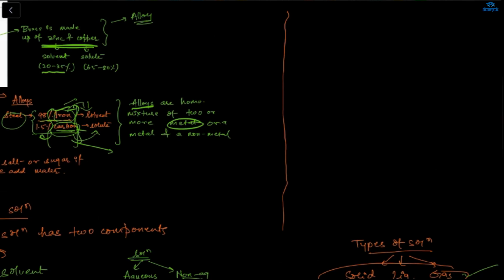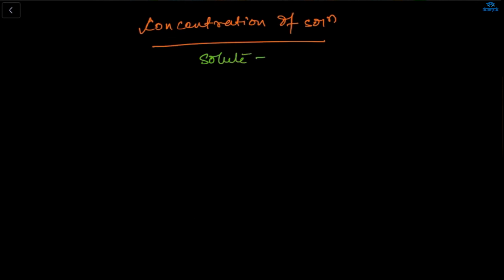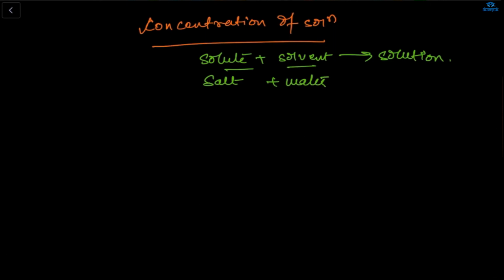Yes, very good. Now we will learn about the concentration of solution. So a solution is a mixture of what? A solution is a mixture of solute plus solvent. If we mix salt in water, it will become one solution, right? Example, salt plus water will give us a solution.